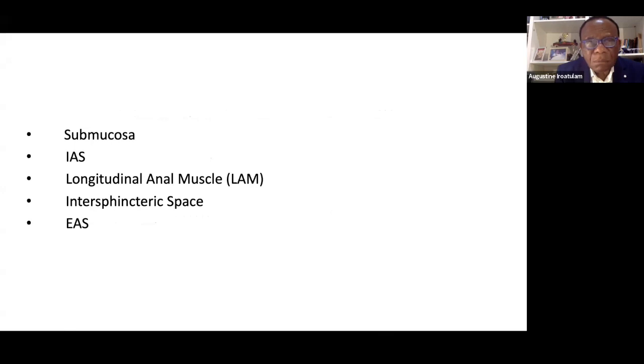And so when we are talking about anal fistula or abscess, we are talking about something that can be confined to the submucosa at the level of the internal anal sphincter, or may involve the intersphincteric space, the levator ani, or the external anal sphincter.